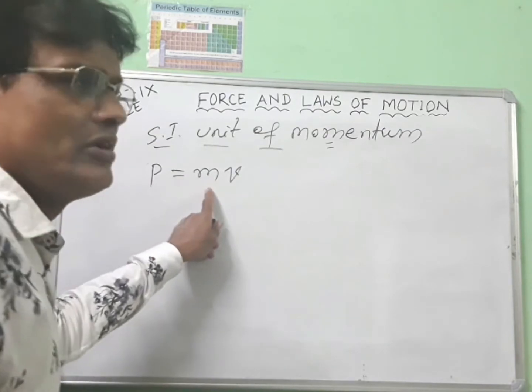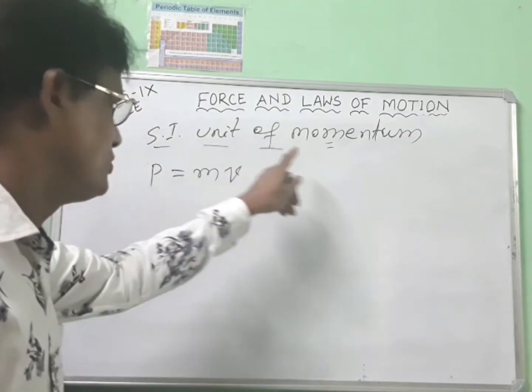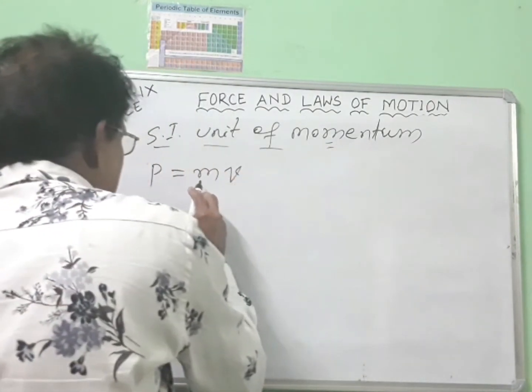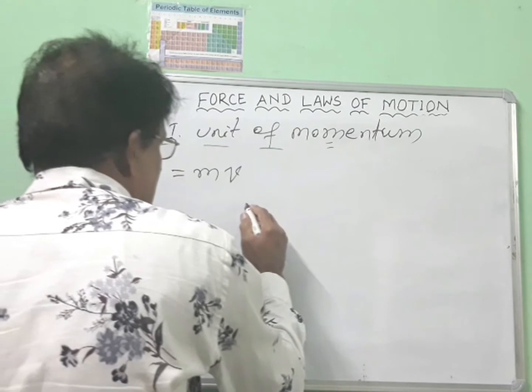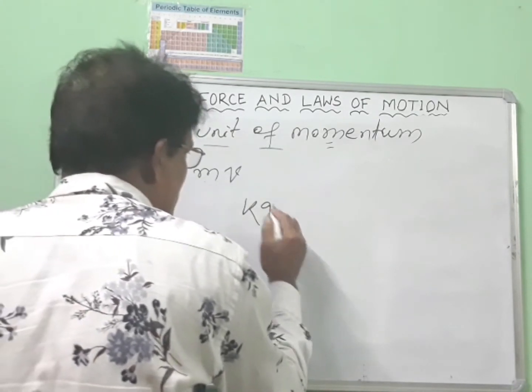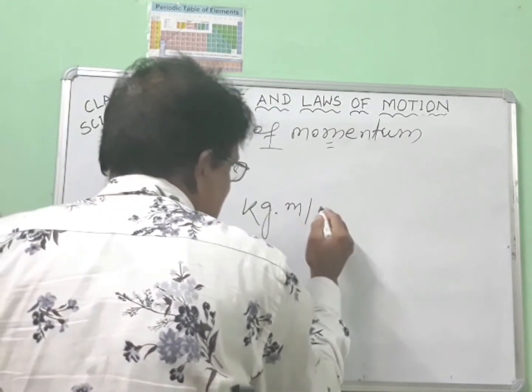From this we can derive the SI unit of momentum. The SI unit of mass is kg, and velocity is meter per second.